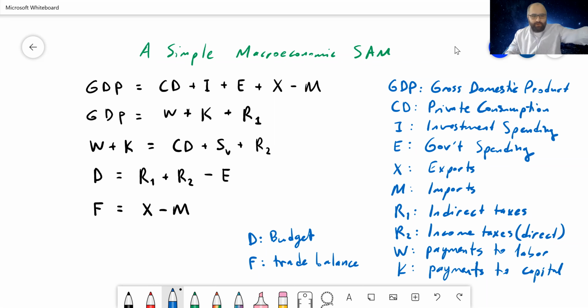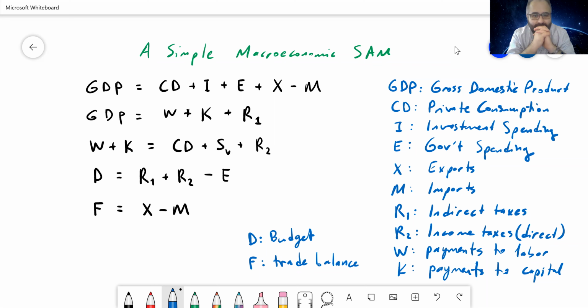A portion of the GDP, of course, is paid to labor services as W. Another portion is paid to capital services, denoted by K. And then we have indirect taxes, right? Because taxes are part of these income streams.